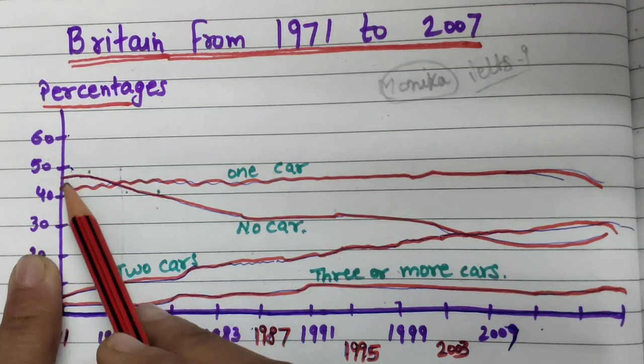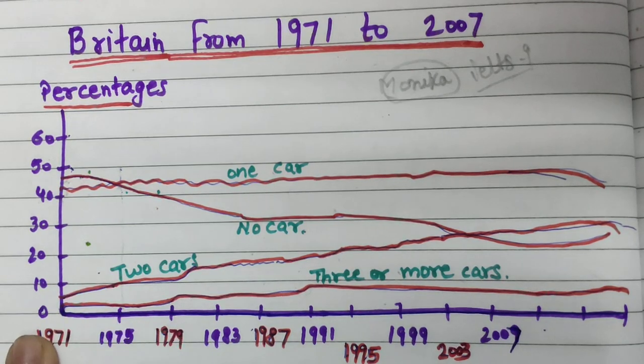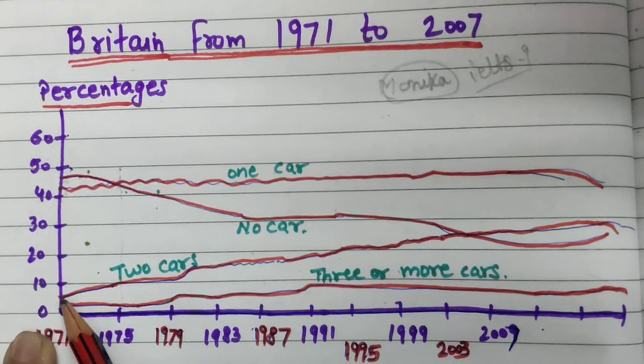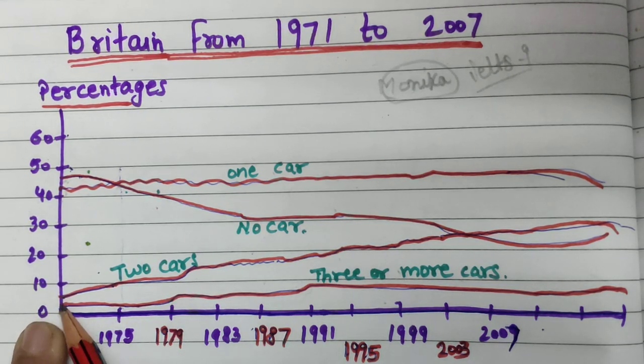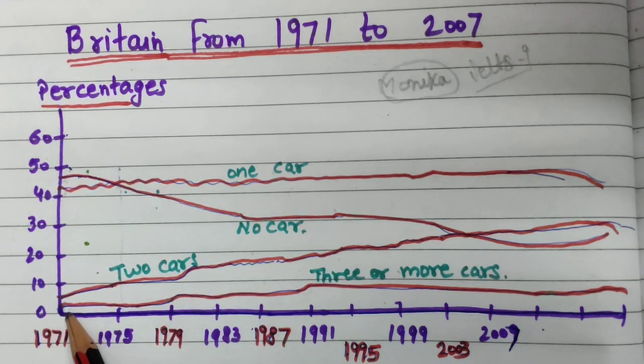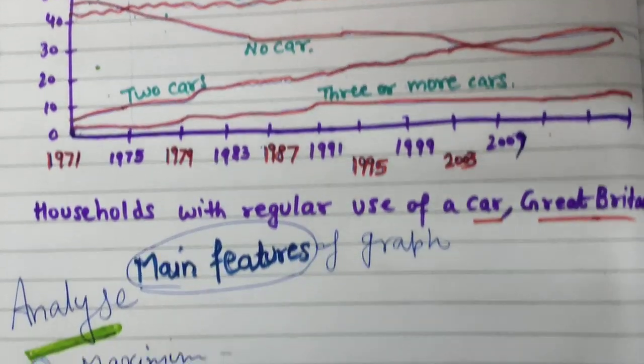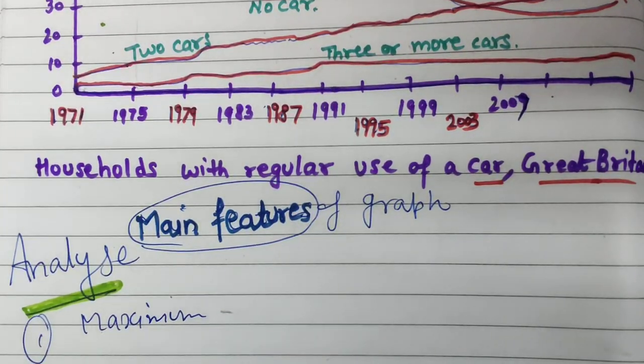Okay, so these 2 points are the highest, and what is the minimum? So after maximum it is minimum. These 2 points are under 10%, and this one, especially the last category, is under 5%. So it means this is the minimal percentage, this category started. Okay, so we had discussed maximum and minimum.